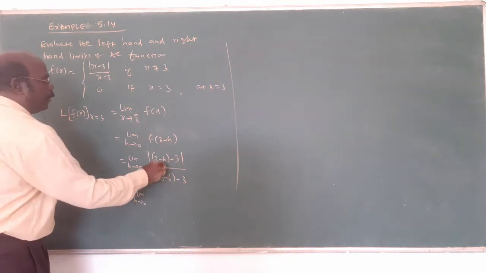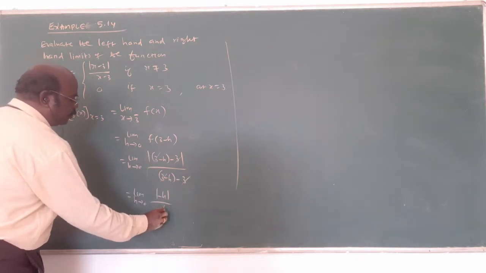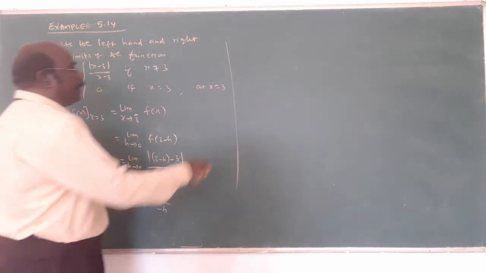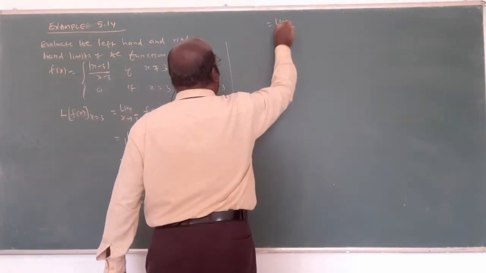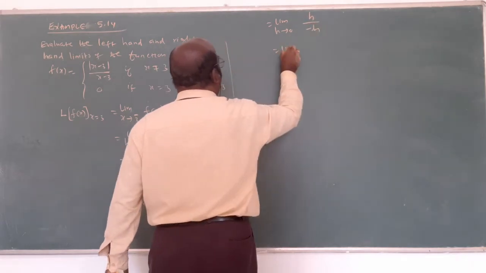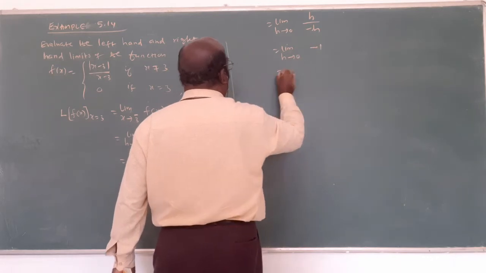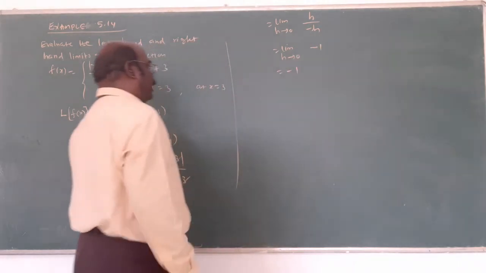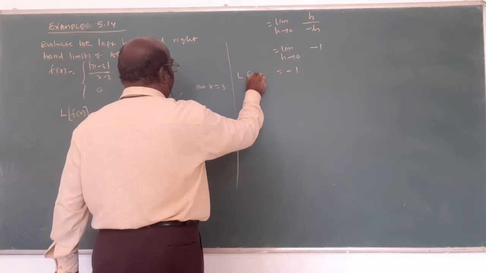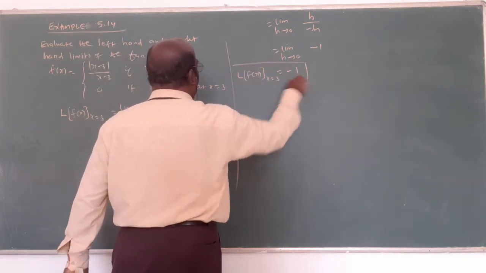Here it is minus h; modulus of minus h is only h. Then h divided by minus h cancels, and minus 1 will come. No h, minus 1 is the answer. The left limit of f of x at x equal to 3 is minus 1.